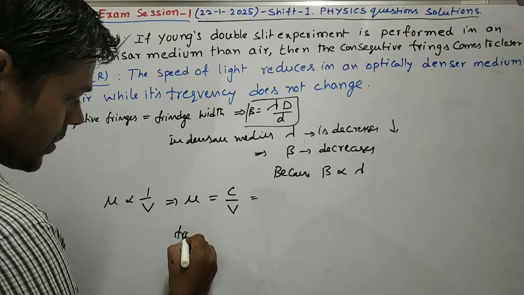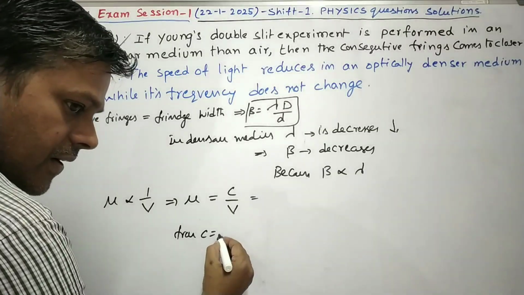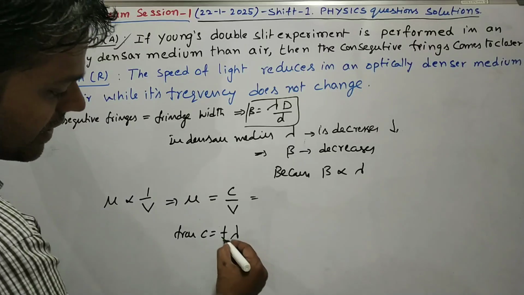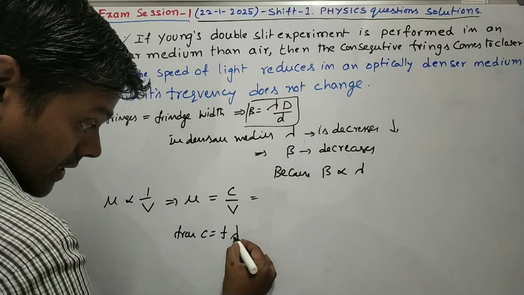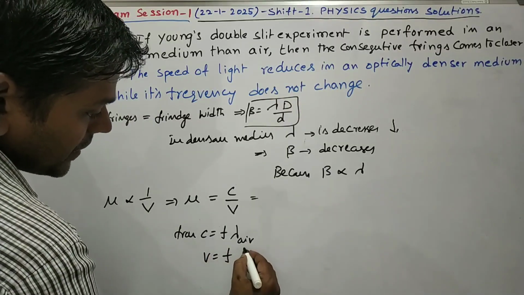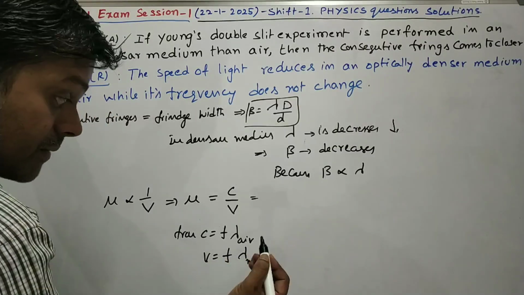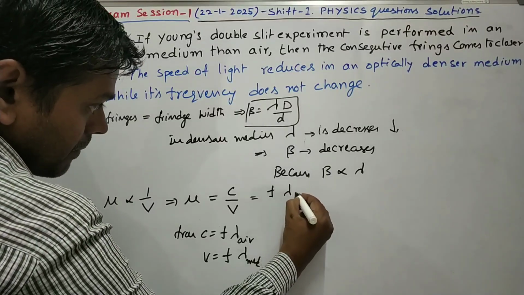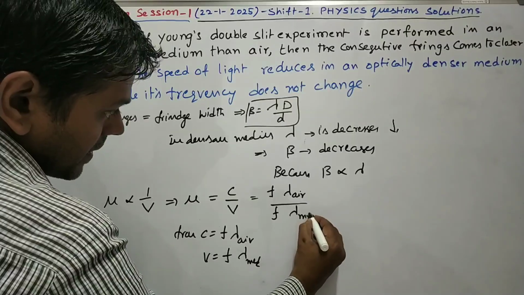From the relation between speed and frequency, C is equal to frequency into wavelength. That means the speed of light in air is equal to the frequency of light into the wavelength of light in air. Similarly, V is equal to F into lambda in the medium, because V is the speed of light in any other, denser medium. So you can replace C by F into lambda in air, and V by F into lambda in medium.